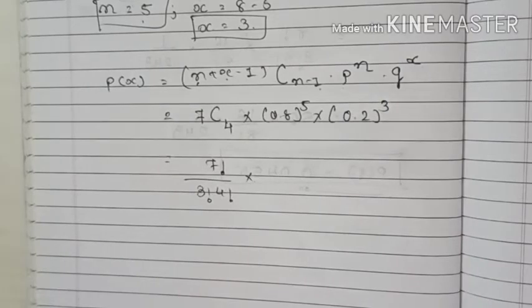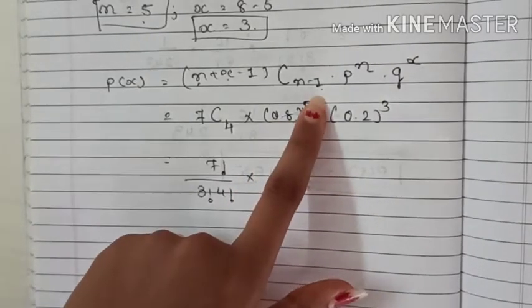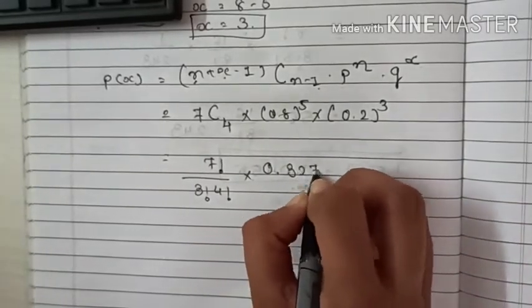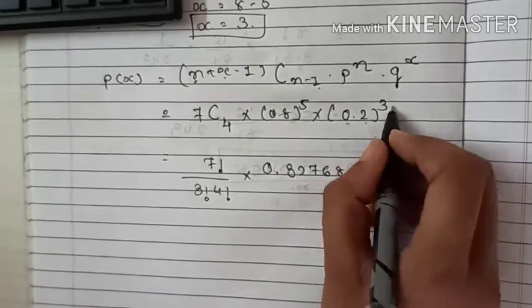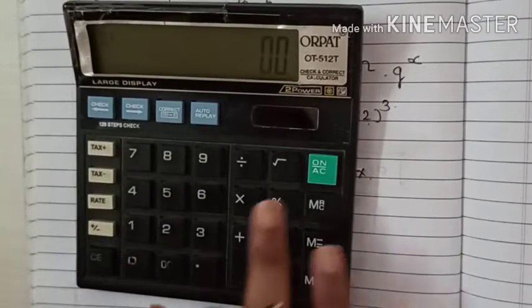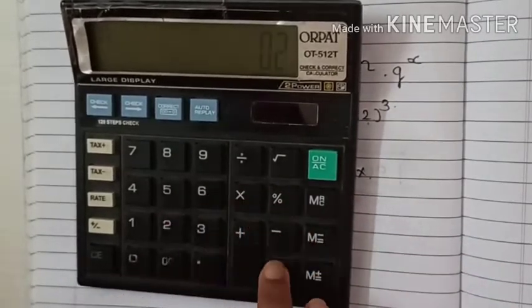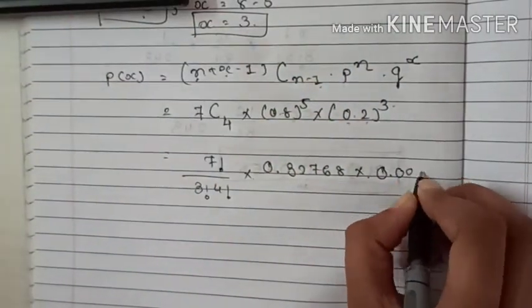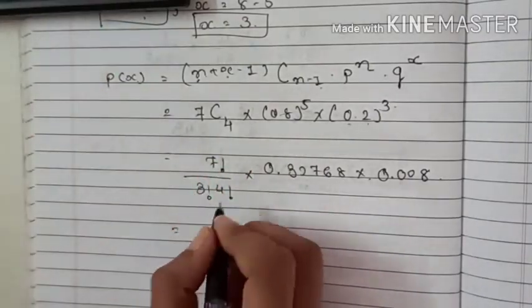With the help of the calculator, we are finding the value of 0.8 raised to 5. It will come 0.32768 into 0.2 raised to 3. So 0.2 into 0.2 into 0.2, it will become 0.008. Now let's solve this equation.